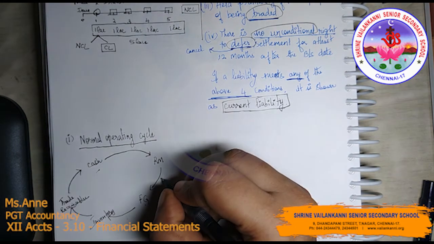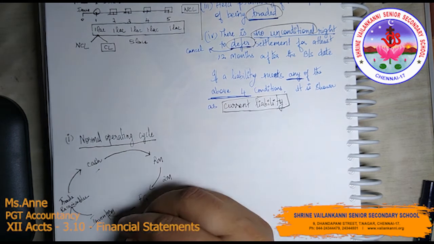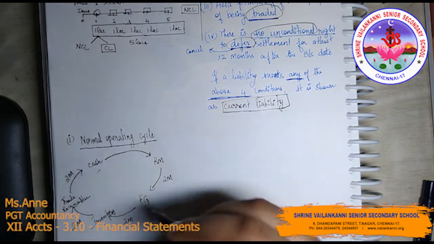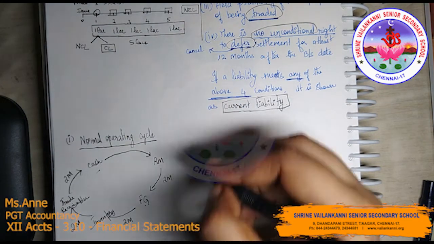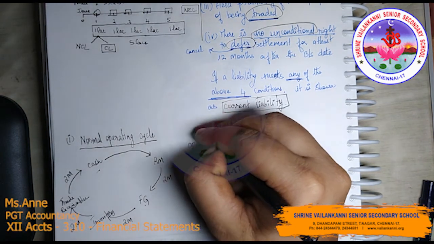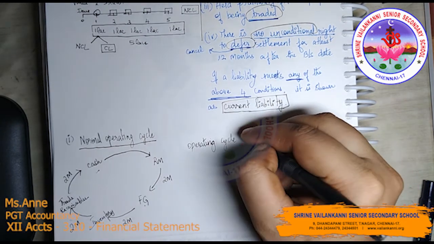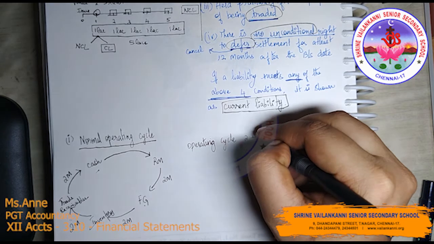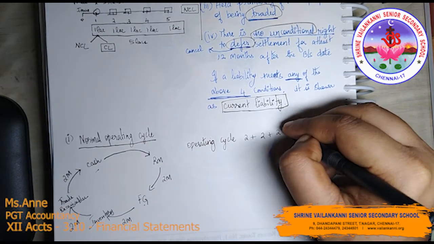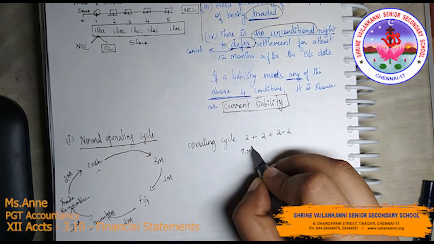For this, suppose the time period taken to convert is 2 months, 2 months, 2 months, 2 months, so our operating cycle will be raw material 2 months plus finished goods 2 months, inventory 2 months, then finally trade receivables 2 months. So it will be 8 months.